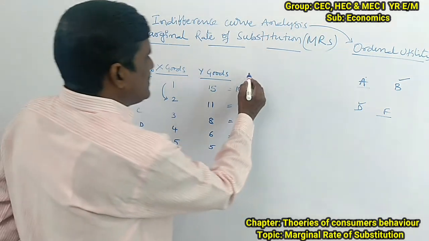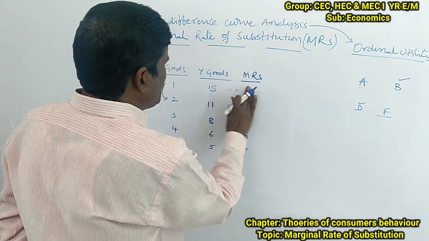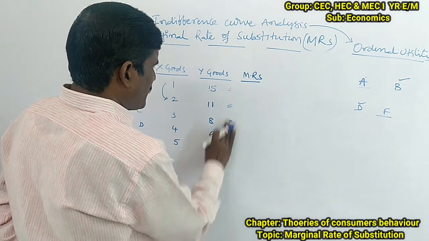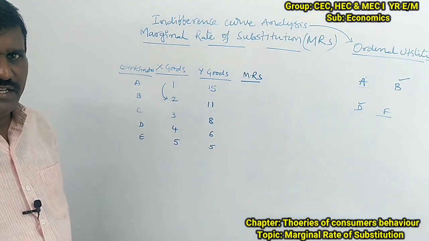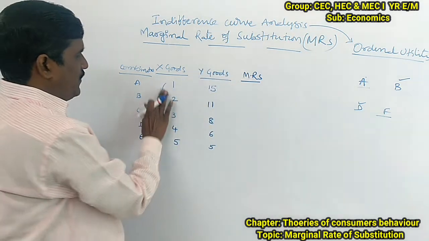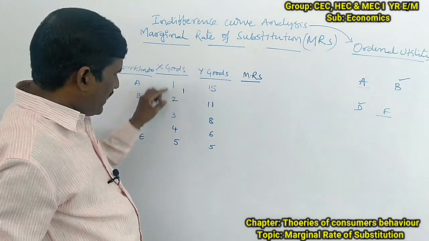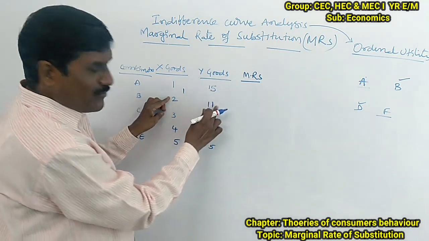And what is the MRS? What is the MRS? Marginal rate of substitution. So 100 is not essential here. Try to understand. For example, for 1 x, he reduced how much? 4.